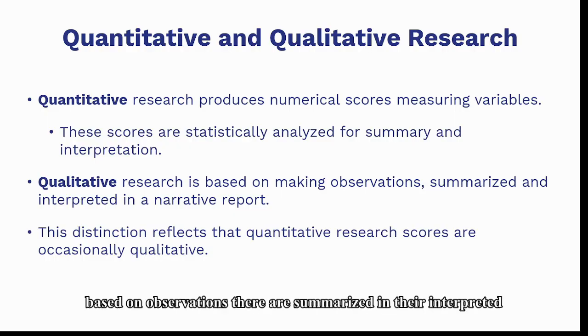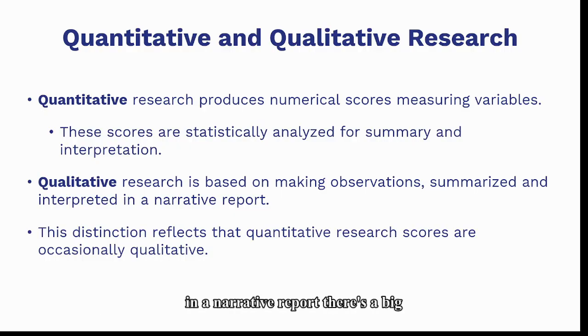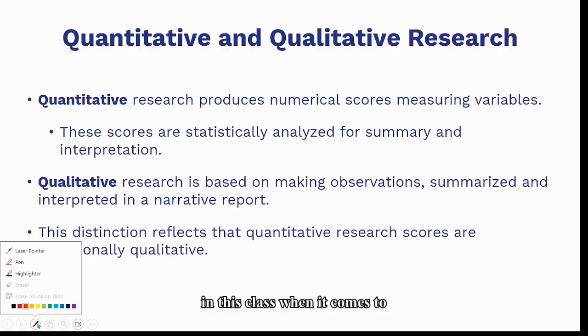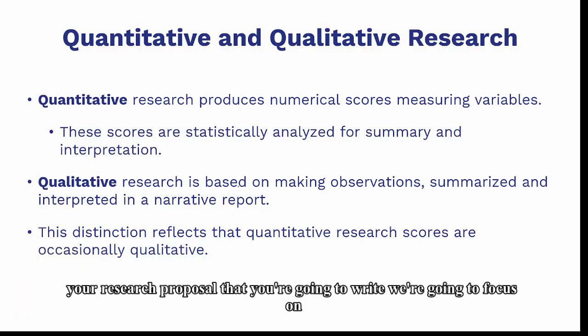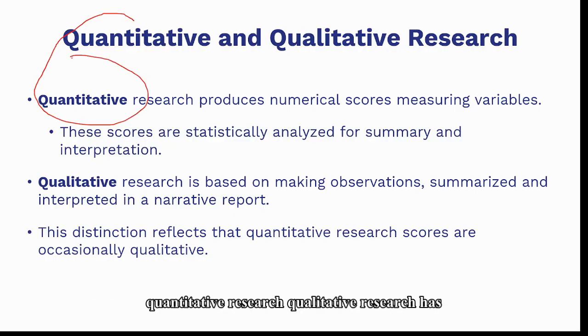Qualitative research is based on observations, which are summarized and interpreted in a narrative report. And there's a big distinction between the two of those. In this class, when it comes to your research proposal that you're going to write, we are going to focus on quantitative research. Qualitative research has its place, but in this class, that's not what we are focusing on.